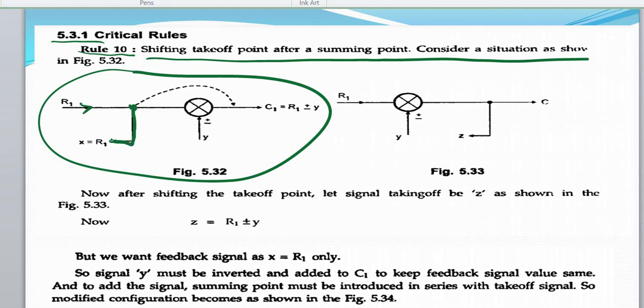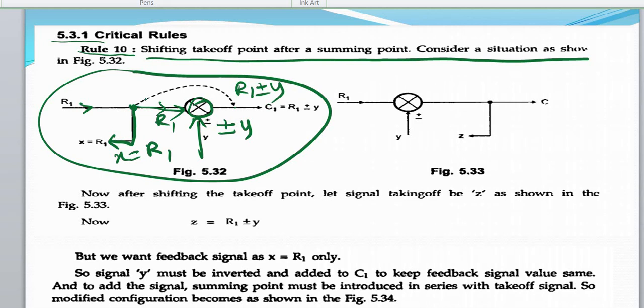This is taken off, takeoff. So what is the signal here? X is equal to R1. The same signal goes here also. And this is one summing point. To this, there is one more signal plus or minus Y. So what will be the output here? R1 plus or minus Y.